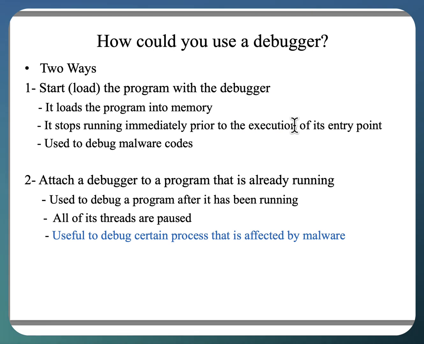It will pause. It will freeze. And then from there on, you can decide how you want to conduct that debug. If you want to do it line by line, we're going to take a look at the other types that we have.